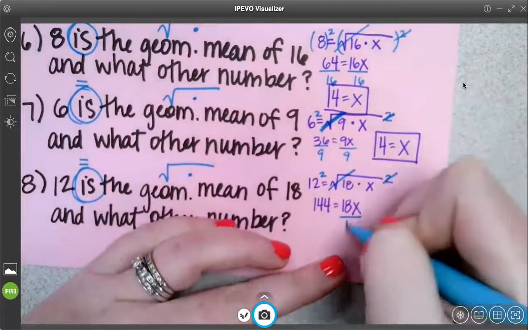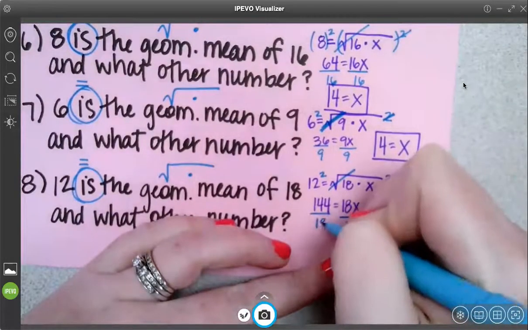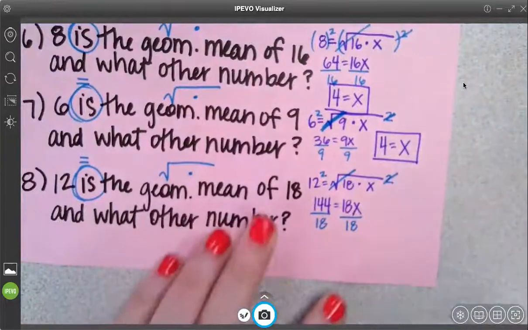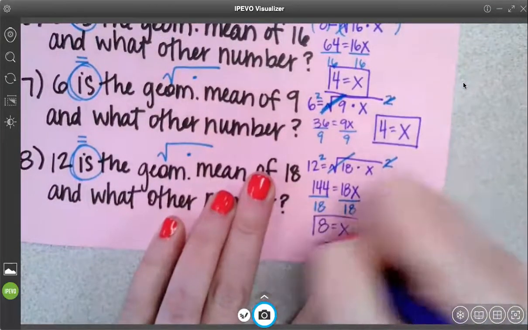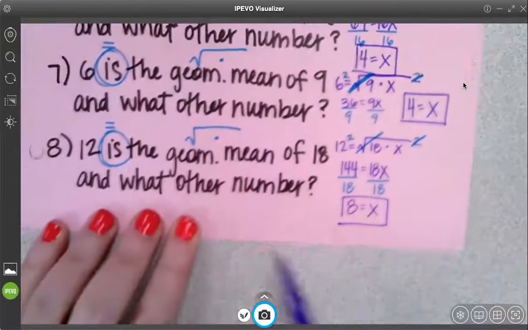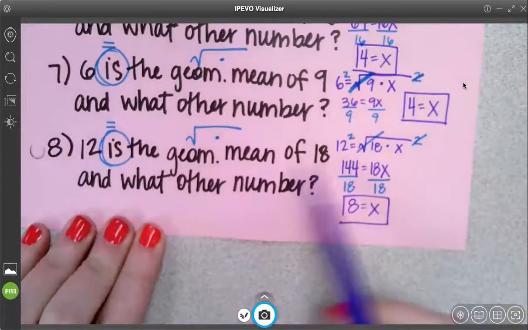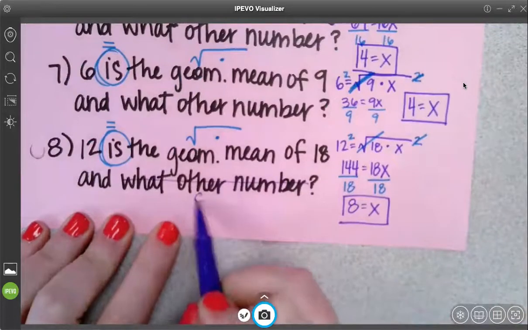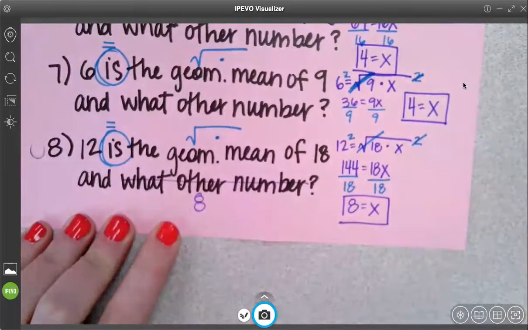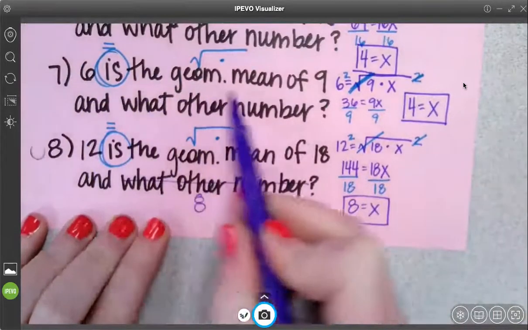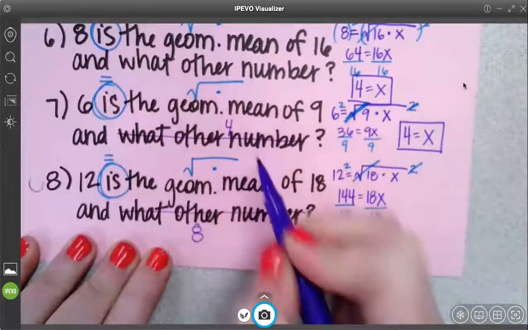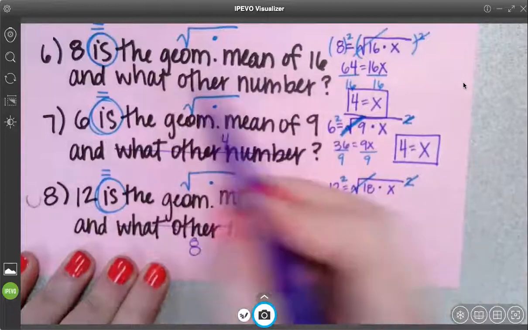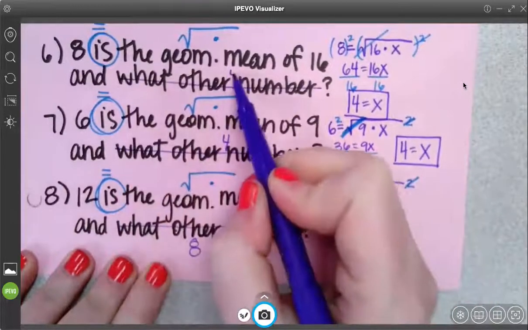We divide by 18, and so 8 equals x. So that tells us that what we found, 12 is the geometric mean of 18 and 8. Just like up here, 6 was the geometric mean of 9 and 4. And 8 was the geometric mean of 16 and 4.